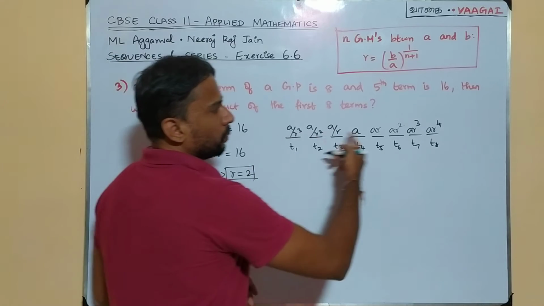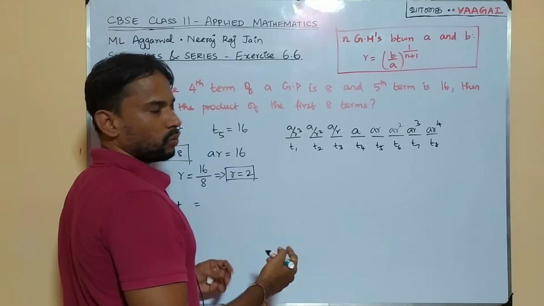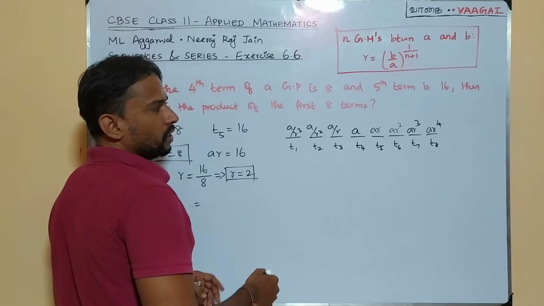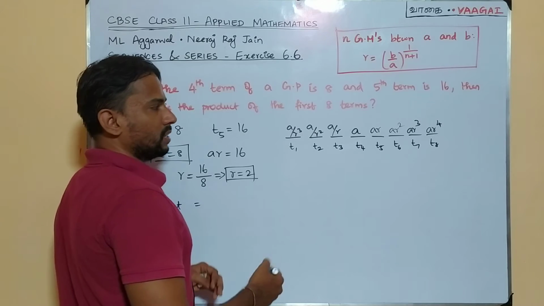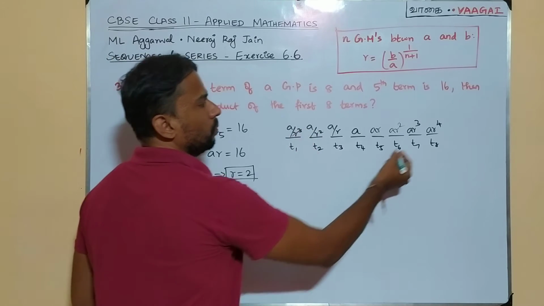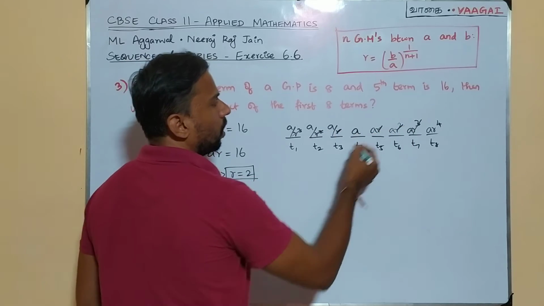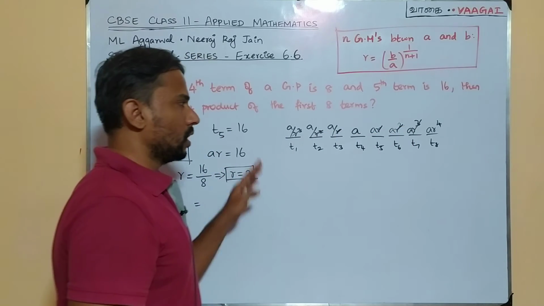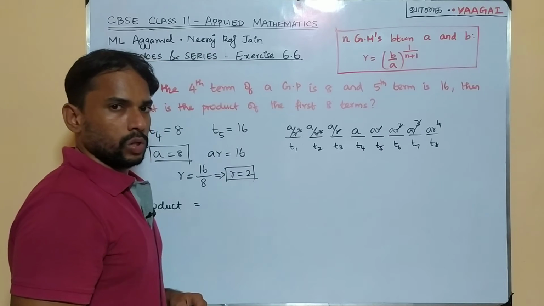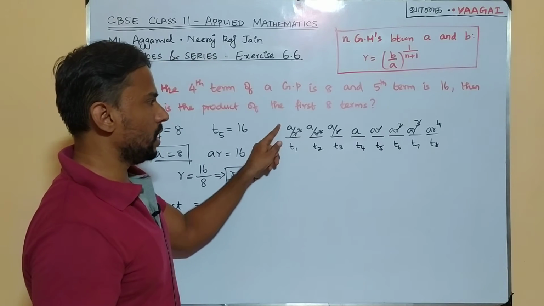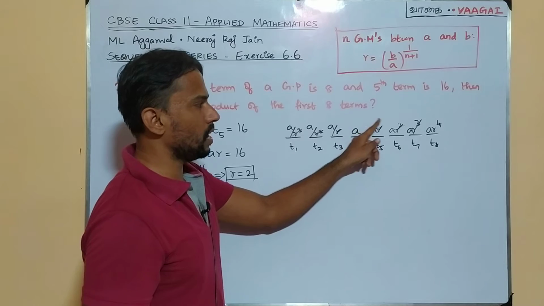See here, anyhow I'm going to multiply all these 8 terms. So I will see the numerator and denominator, and cancel the same terms. For example, I will cut this r cube, r square, r. So you will be multiplying a, again a.